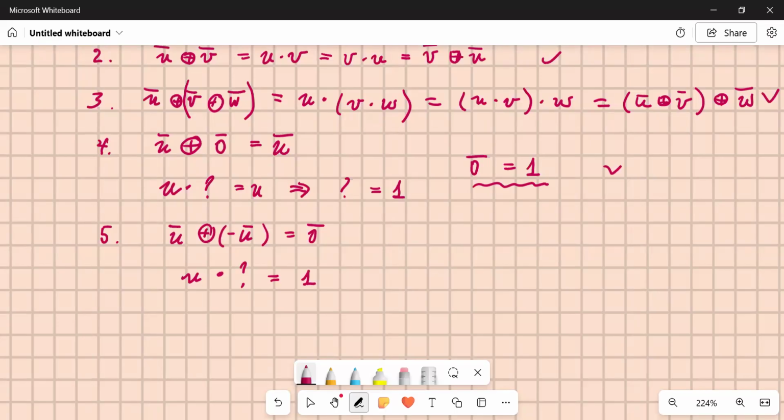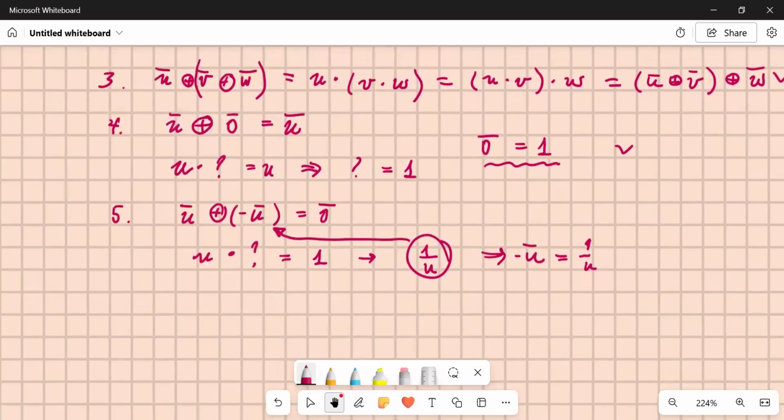So by what do we need to multiply u to get 1? We need to multiply it by regular multiplication by 1 over u, right? So that 1 over u is going to work as inverse. I'm going to write down that inverse is going to be 1 over u. It's going to be literally a number. So if somebody gives you number 3, the inverse of that number 3 is going to be 1 over 3. Sounds a little bit crazy, but well, that's how the space is built.